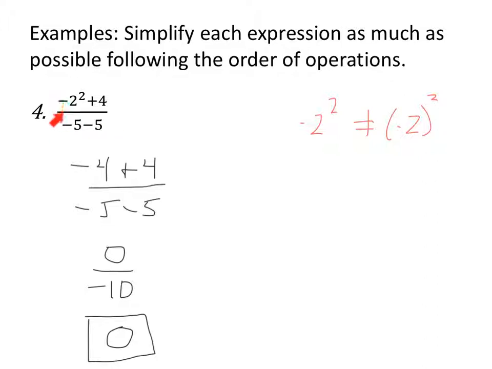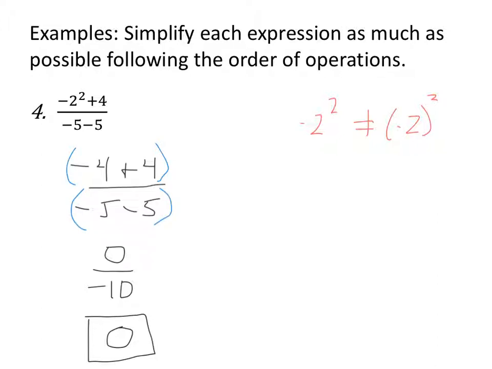Alright, so negative 2 squared plus 4 over negative 5 minus 5. I know I have a negative. 2 squared is 4. Plus 4, I did not do anything in the denominator. You can kind of think of your numerator as one set of parentheses and your denominator as a second set of parentheses.